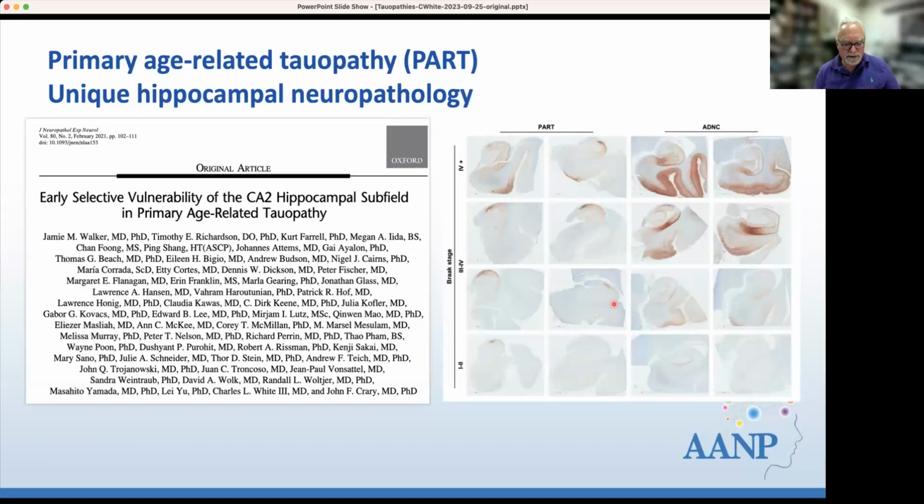So not only is it not an amyloid-driven neuropathology, but it's a neuropathology that has a slightly different distribution in its early stages from ADNC.